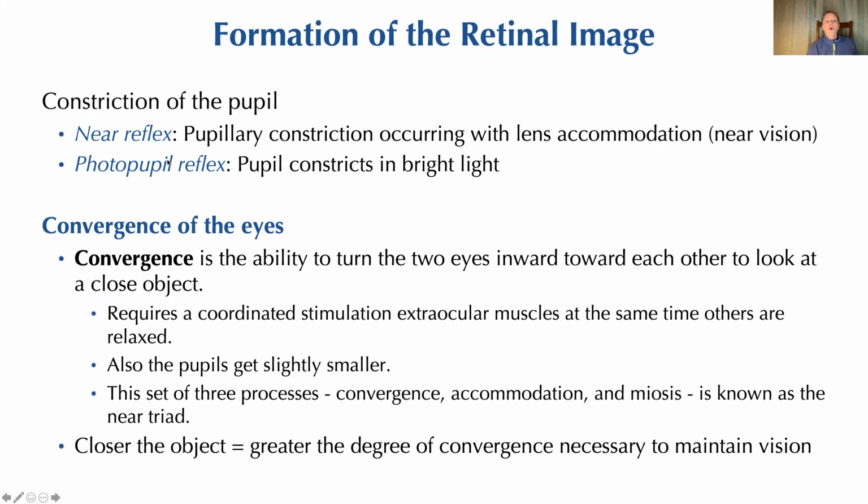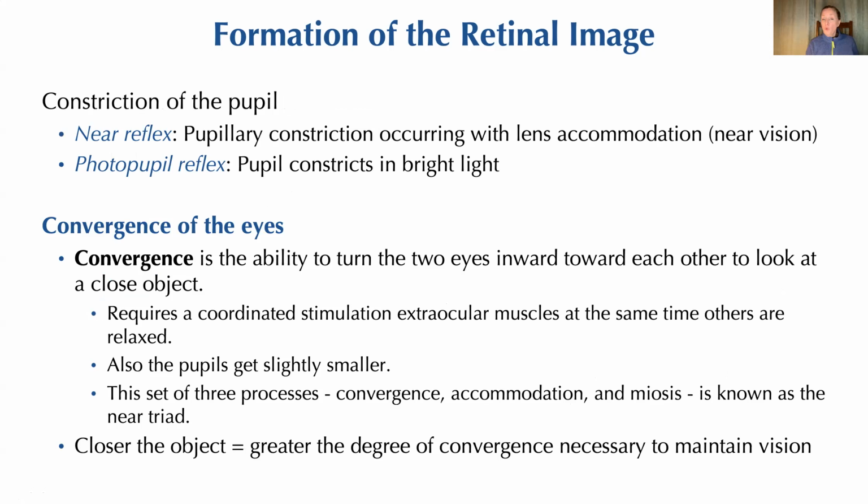All right, so when our pupil constricts, we talk about the near reflex. That's the pupil that constricts with accommodation. We also have the photopupillary reflex, where the pupil constricts in bright light. So you flash light into your eyes, your pupil constricts.